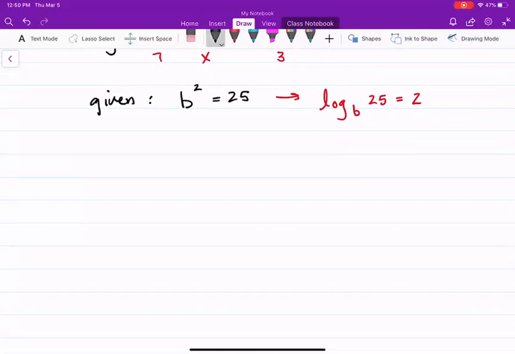All right, let's try another one. Given, if I was to convert to log form, yes. So log base 36 of 6 is equal to x. I want to do it to exponential form.